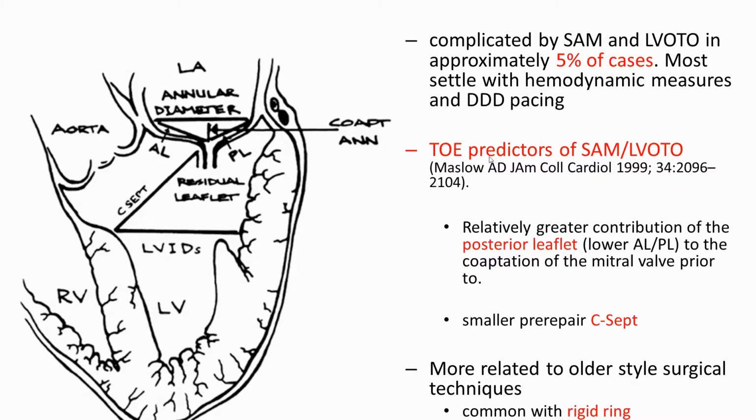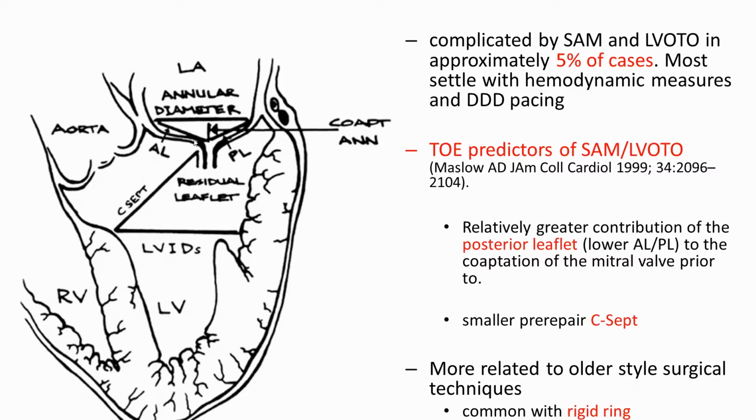So some anesthesia people have tried to find out which patients are most likely to develop SAM after mitral valve repair. And Maslow had a couple of parameters that seemed pretty reasonable in detecting which people were likely to develop SAM after mitral valve repair. Essentially they looked at a couple of simple measures.